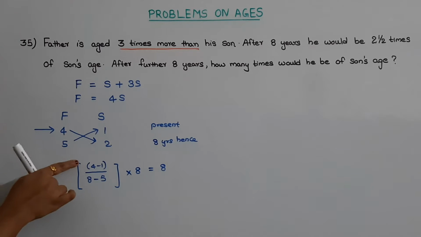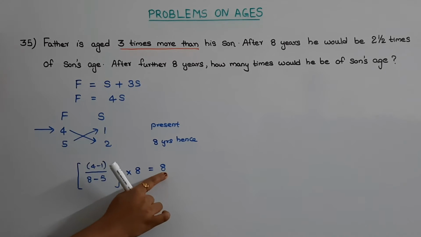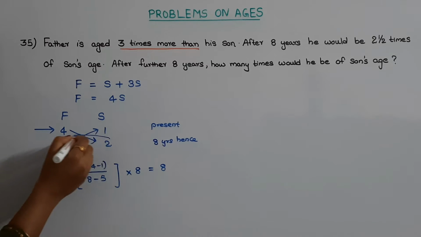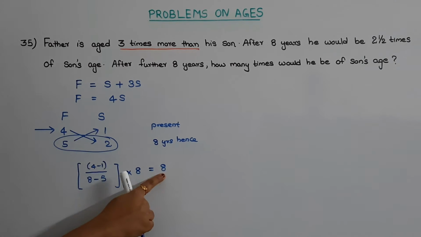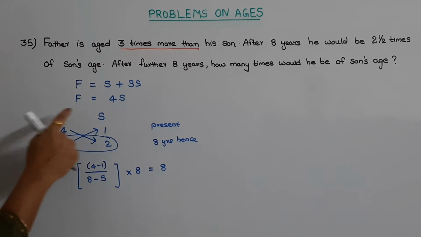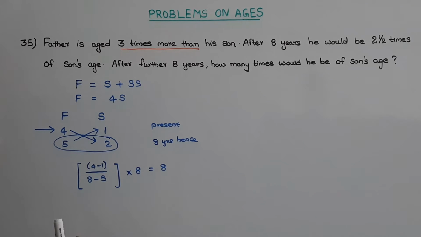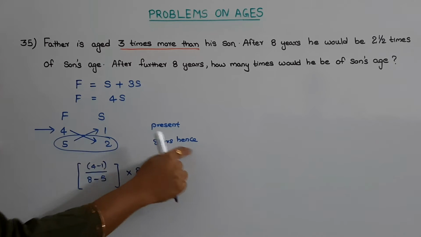Since in the numerator we took the difference of this ratio, we need to multiply this value to the other ratio. On multiplying this 8 by this 5, we will get the age of father 8 years hence, and on multiplying this 8 by this 2, we will get the age of son 8 years hence.